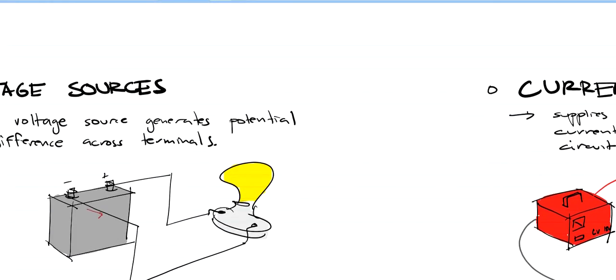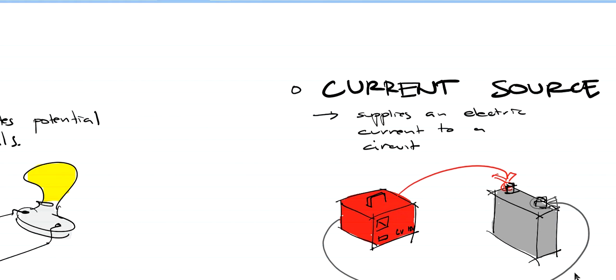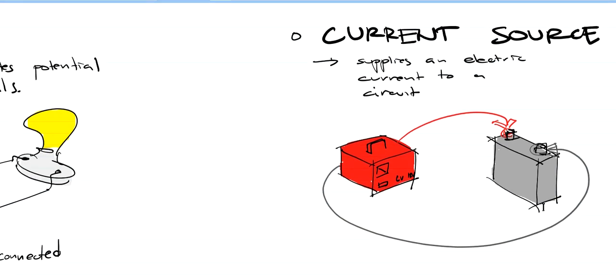So that's it. And the current source is a source of current into the circuits. An example is a battery charger. This is our load, this is our voltage source, but after it uses its energy, of course you need to charge it.